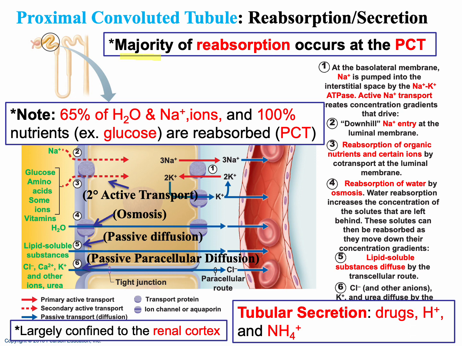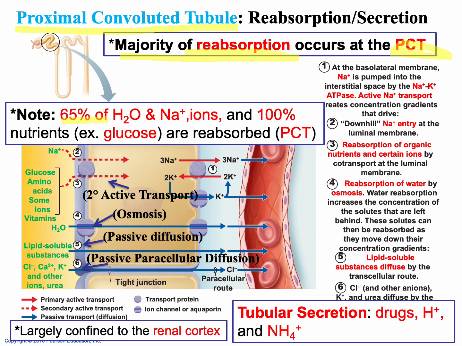So, important to know, the majority of the tubular reabsorption in the nephron takes place at the PCT, the proximal convoluted tubule. So there's a variety of items that are going to be reabsorbed here, items leaving the nephron and going back into the blood supply.